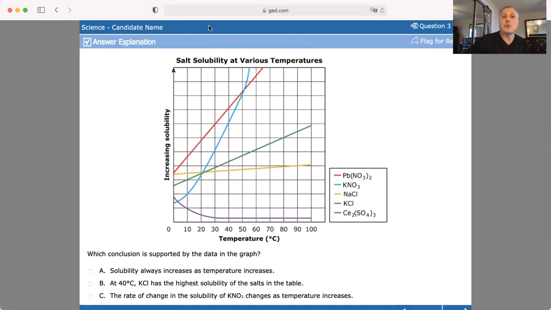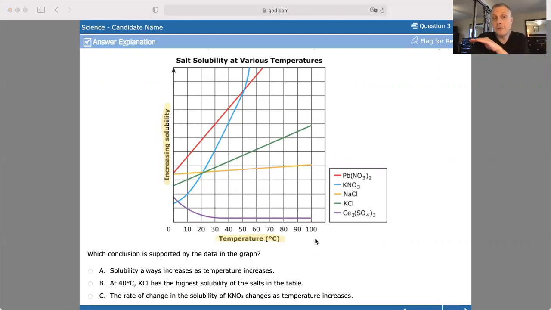We have to truly take a look at what those titles are representing, right? So on the vertical part, we have the words increased solubility. In the bottom on the horizontal, we have temperature. By the way, it is very important that we know both of these terms.